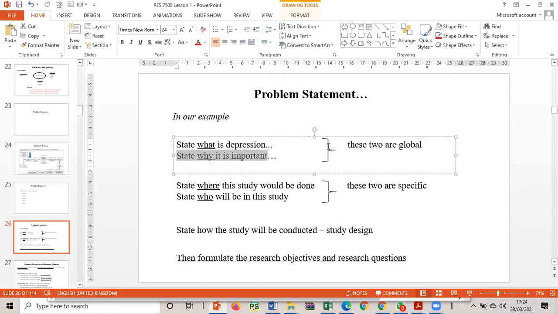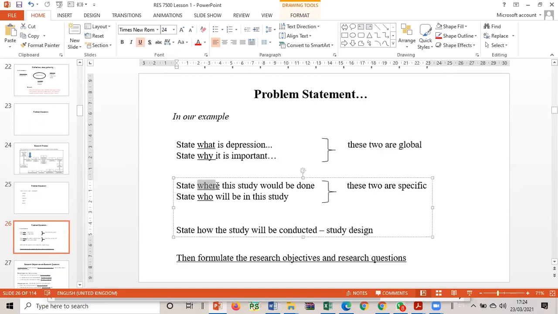This is universal. Now, where? And now it comes to the hotel industry. Who in the hotel industry are we talking about? Is it management or generally anybody working in the hotel? So these two are very specific to the place you want to study.